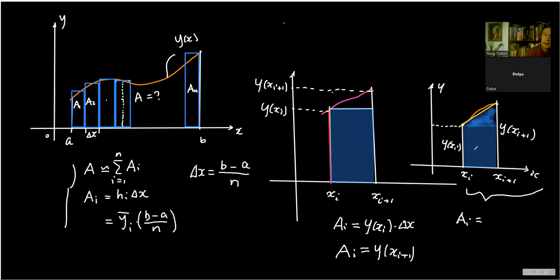This is the ith area. So this is also the ith area. Delta x is the same, right? Half, right? Half.